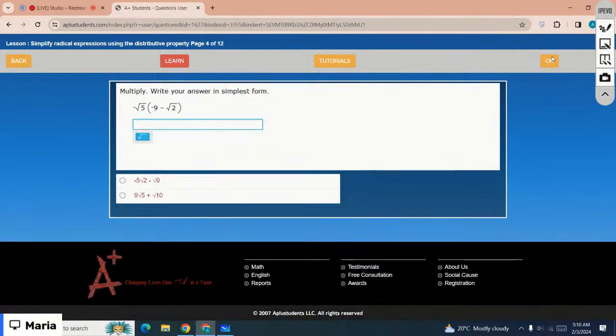Multiply negative square root 5 times negative 9 minus square root 2. So which is the correct option?